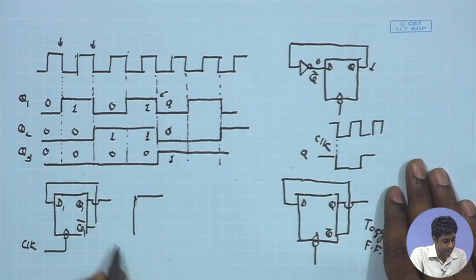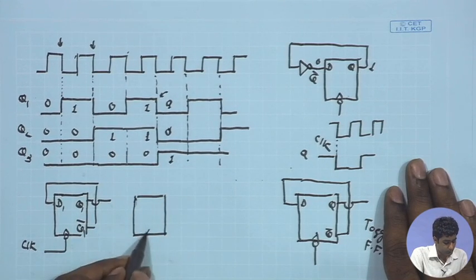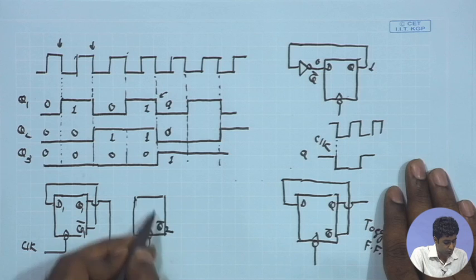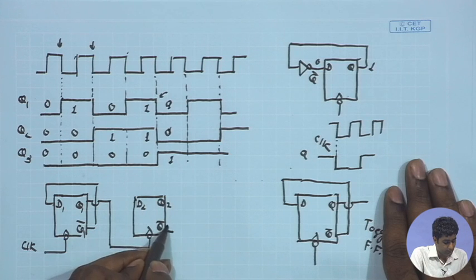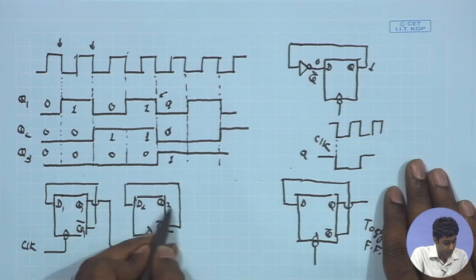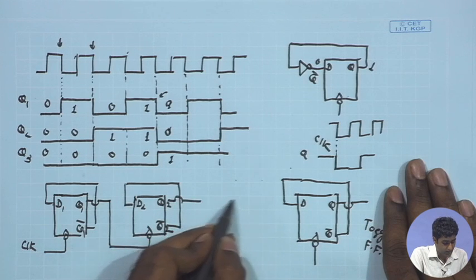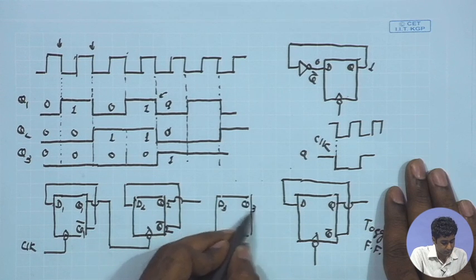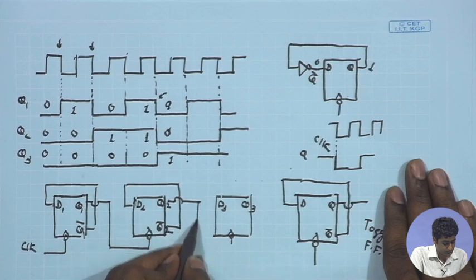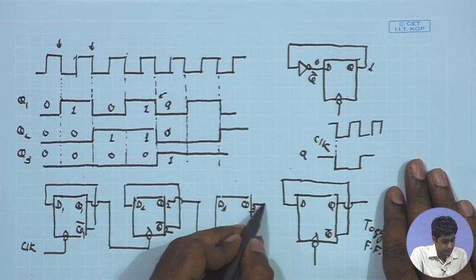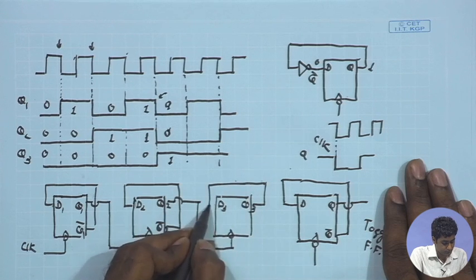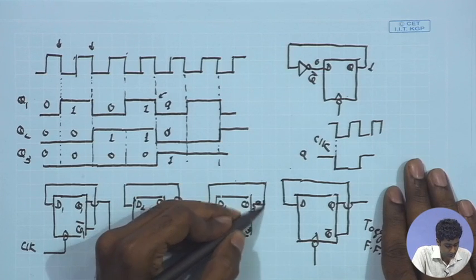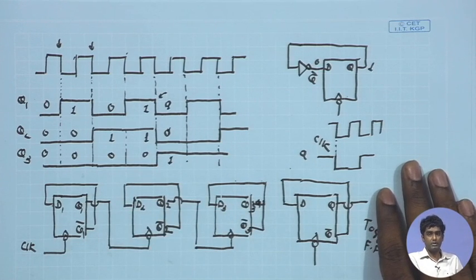So, all I need to do is Q2 and Q2 bar, and this is your D2, and once again we go on repeating this structure, and so on.